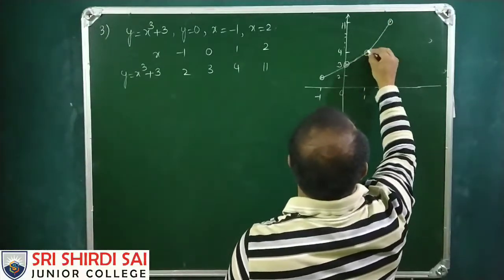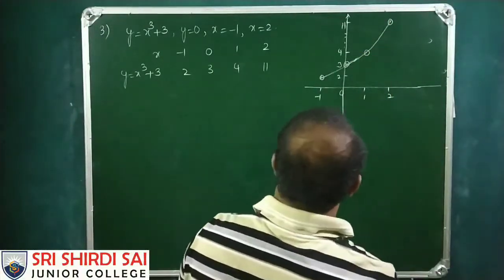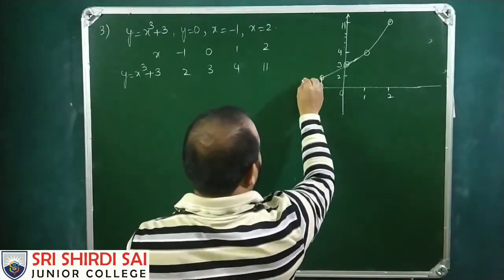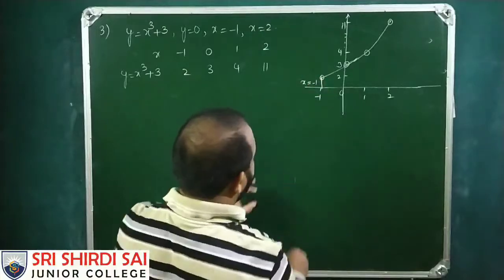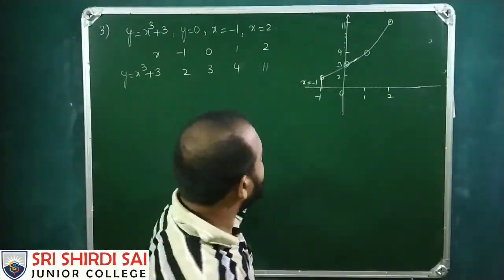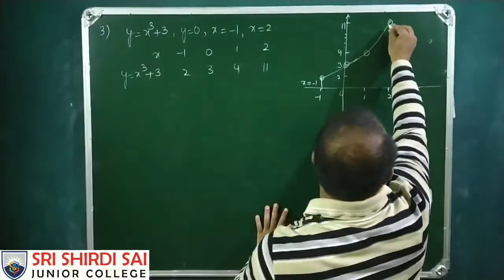this is the area we require, and this is x equals minus 1, the line which is parallel to the y-axis. It is a vertical line, and here x equals 2 is this.